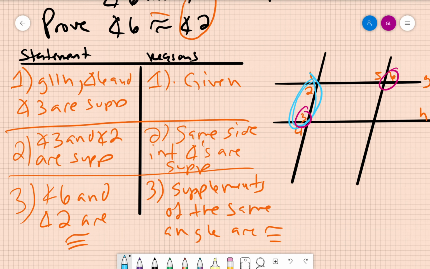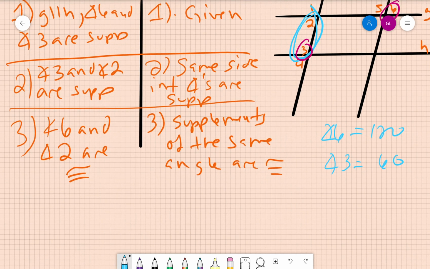So let's just say here that we had angle 6 equals, I don't know, 120, and let's say we had angle 3 equals 60, and then angle 6 and 3 equal 180 together. And now we have angle 2. So they equal 180 together.